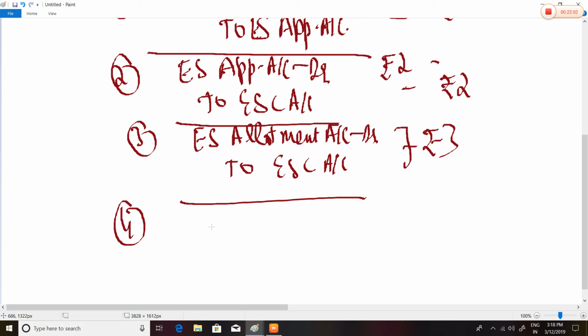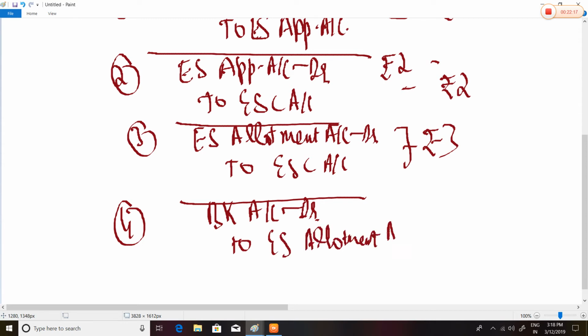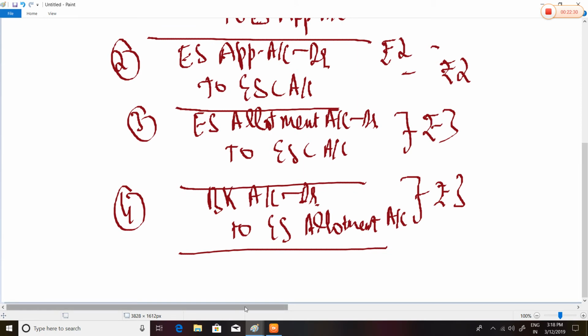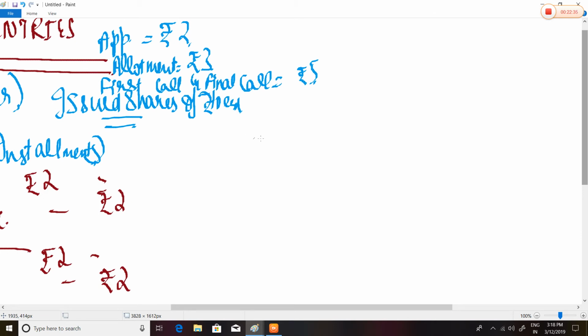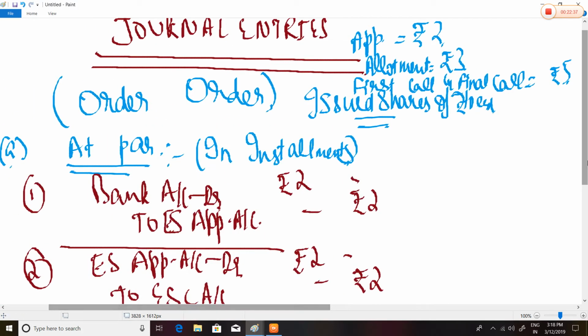Then fourth entry would be, we would receive our equity share allotment amount: bank account debited to equity share allotment account, rupees 3. Do write these entries. How many entries are done? 4 entries.